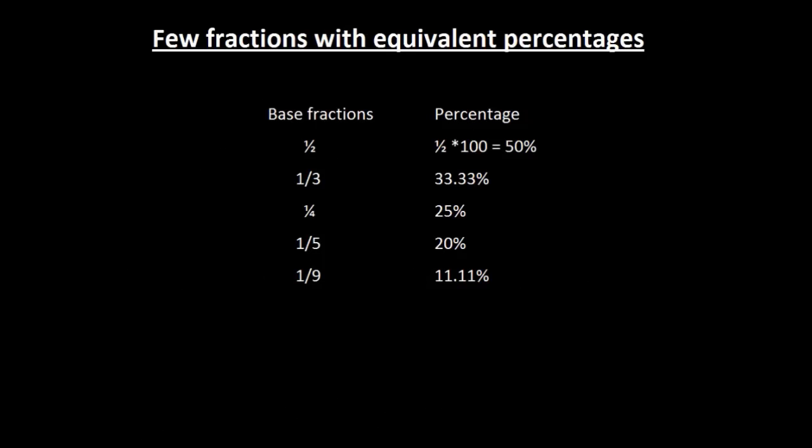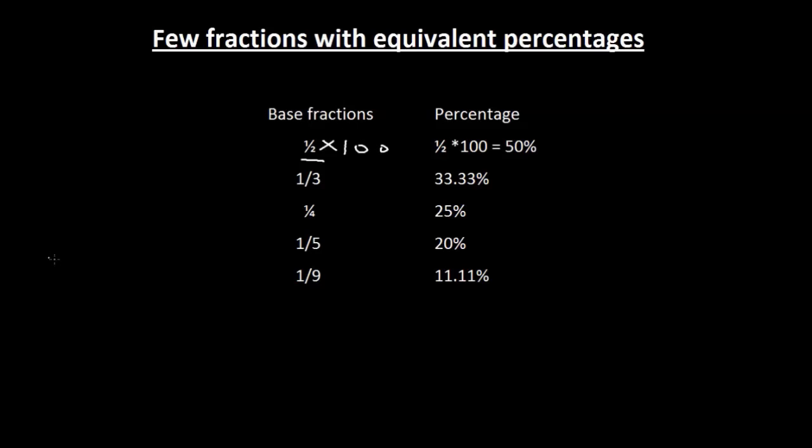So next we learn how to convert fractions into equivalent percentages and vice versa. Here we are given a list of fractions and their percentage equivalents. So let's take the first fraction. We have the base fraction equal to half. So to find its percentage equivalent, if you notice from the previous slide, we multiply the fraction by 100.